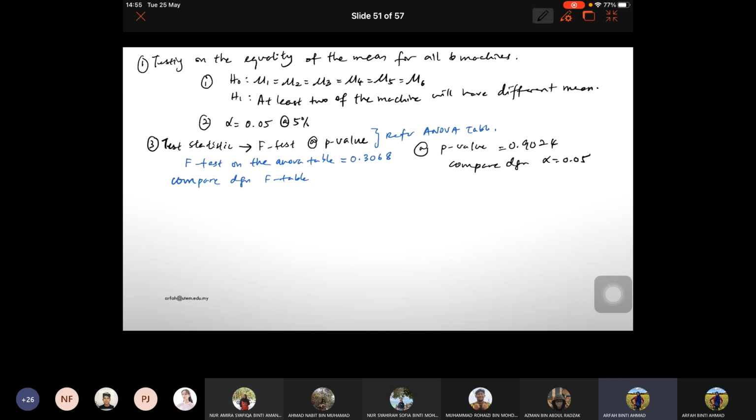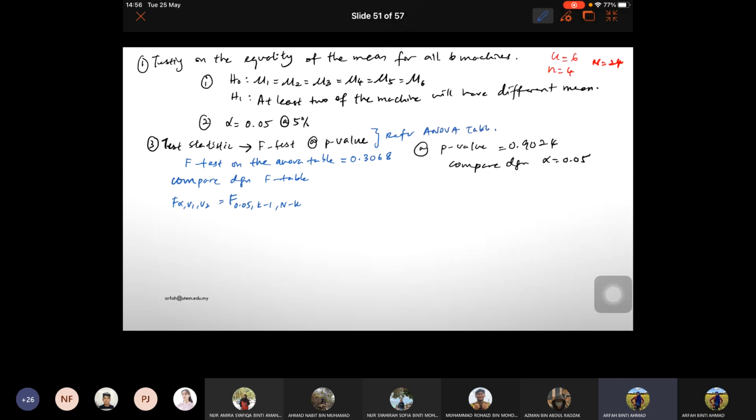Okay. So F table, berapa nilai F daripada table? Kalau kita nak compare dengan F alpha, V1, V2. That is F 0.05, V1 sama dengan K tolak 1, V2 sama dengan N besar tolak K. So bear in mind K awak sama dengan 6, n kecil sama dengan 4, N besar sama dengan 24.